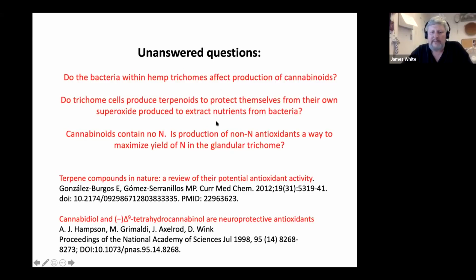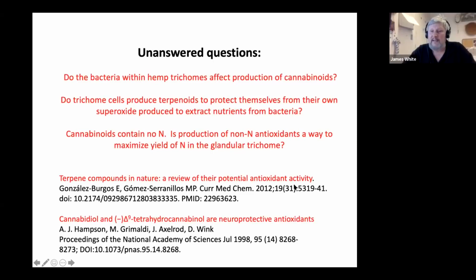And the reason for that is that, in fact, the cannabinoids themselves may be what the plant is using as an antioxidant inside those trichomes. The terpenoids are antioxidants. They've been shown to have antioxidant effects. I put some articles down there just so you can see that.